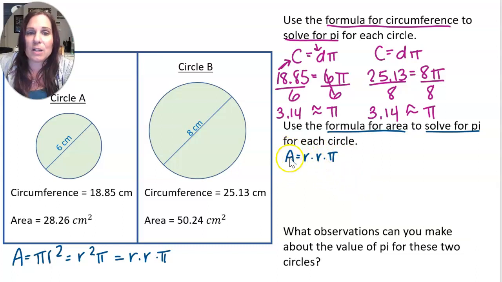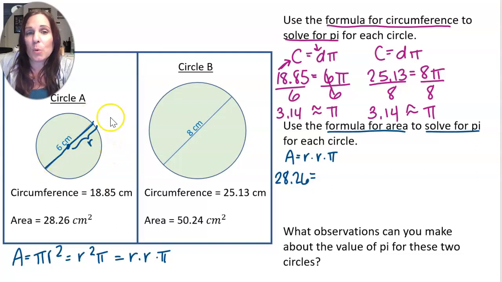So for my area, I'm going to do circle A first. I've got this number down here of 28.26. That's going to go here. Then for r times r, well, I'm not given r. But if you remember that this whole thing is 6, right? But r just goes halfway across the circle. It goes from the center of the circle to the outer edge. So that's the radius.